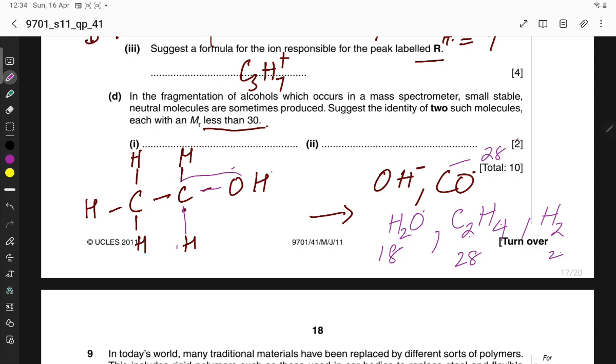So all possibilities are there: CO, water, two hydrogens, and an alkene. These are all below 30 in Mr. So write down any two of these stable molecules which are lost from the alcohol mass spectrum.